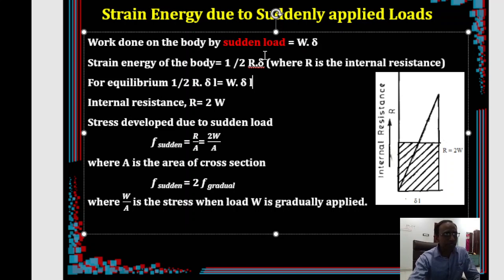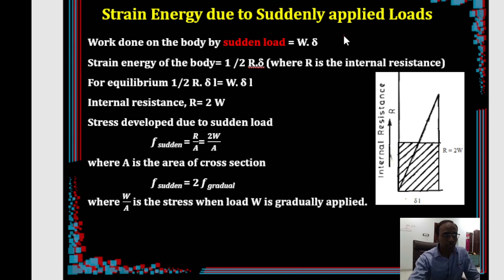It is not W times delta there. Rather, in the case of gradually applied load, the strain energy U is equal to W by 2 times delta.